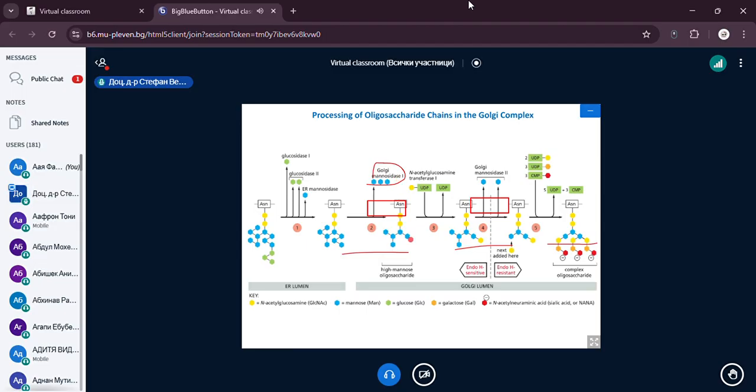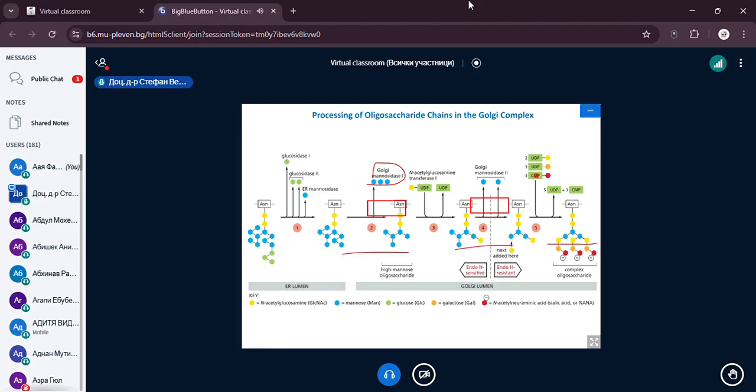It trims mannose residues from this preformed oligosaccharide added in the endoplasmic reticulum. And then we have glycosyl transferases. Here the example is N-acetylglucosamine transferase 1, which binds additionally N-acetylglucosamine.